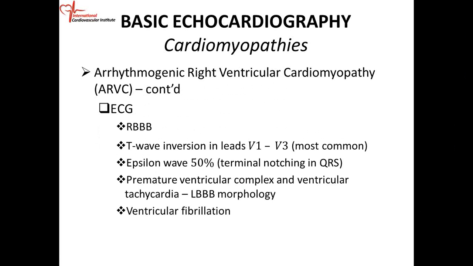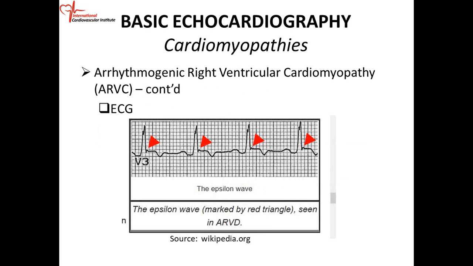And then the tachycardia will have a left bundle branch block morphology. So these are what we call the terminal notching in the QRS. Towards the end of the QRS, you have these so-called notches. So that's the epsilon wave.